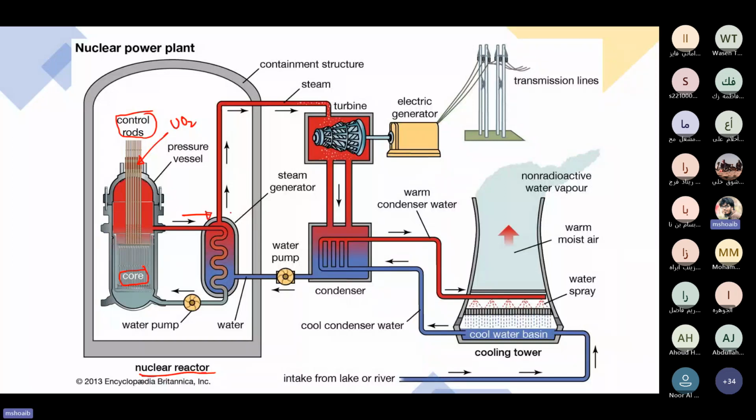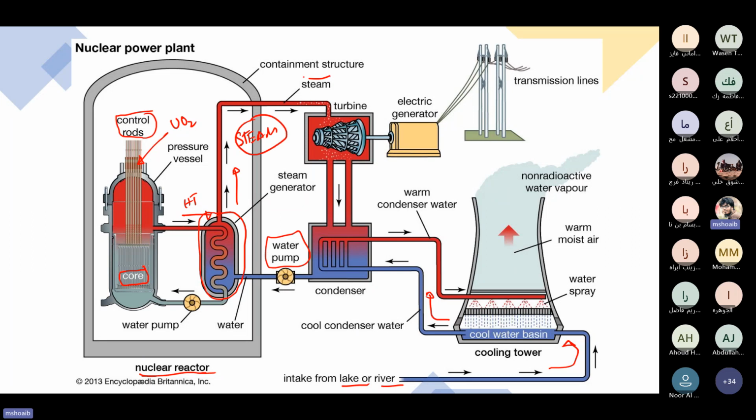Whenever the heat passes through this chamber, we flow some water through this water pump, where the water is coming from any lake or river. You see, this is the water intake, and a part of it is going to this part. Because a high temperature is generated over here, this water is converted into steam.